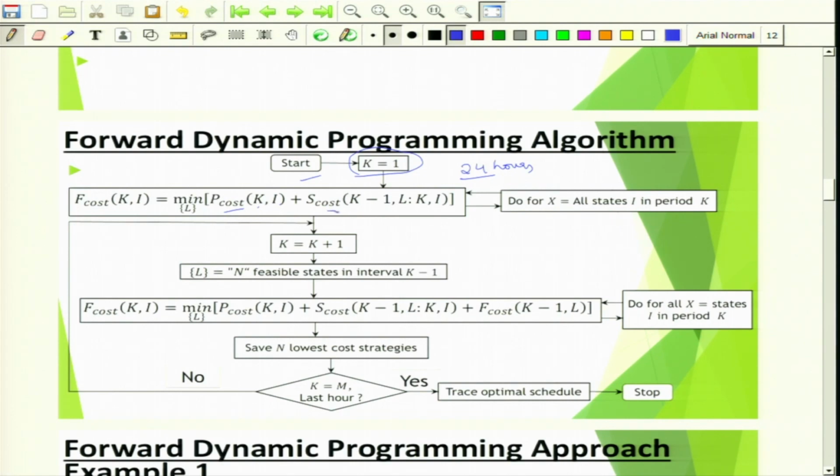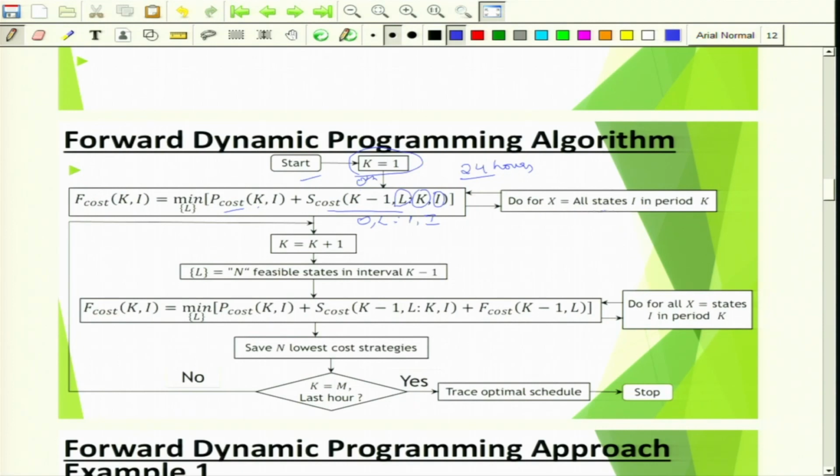And there is a transition cost from the 0th hour. Among those, the L, this is the most economical one, to this present combination of I of the kth interval. That means 0 comma L up to 1 comma I to start with, right?